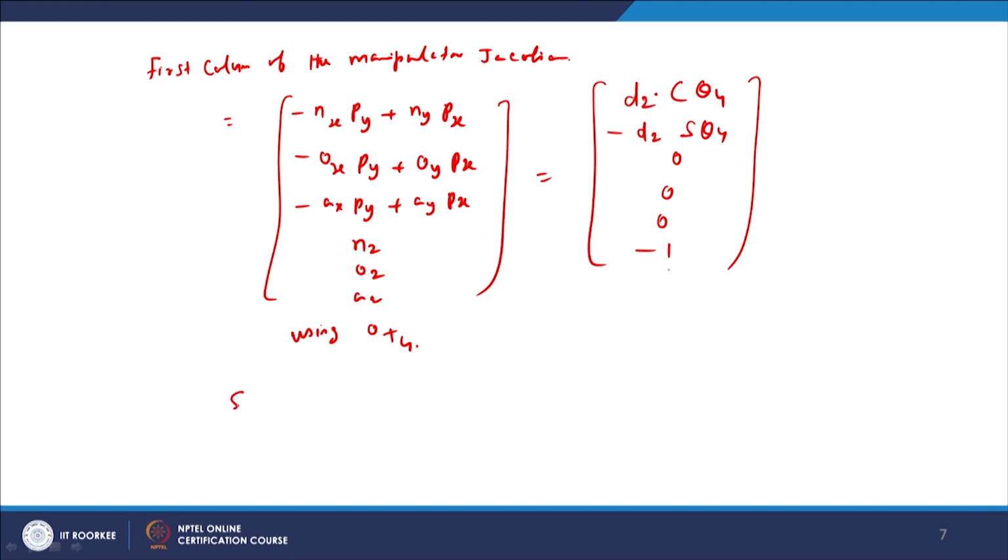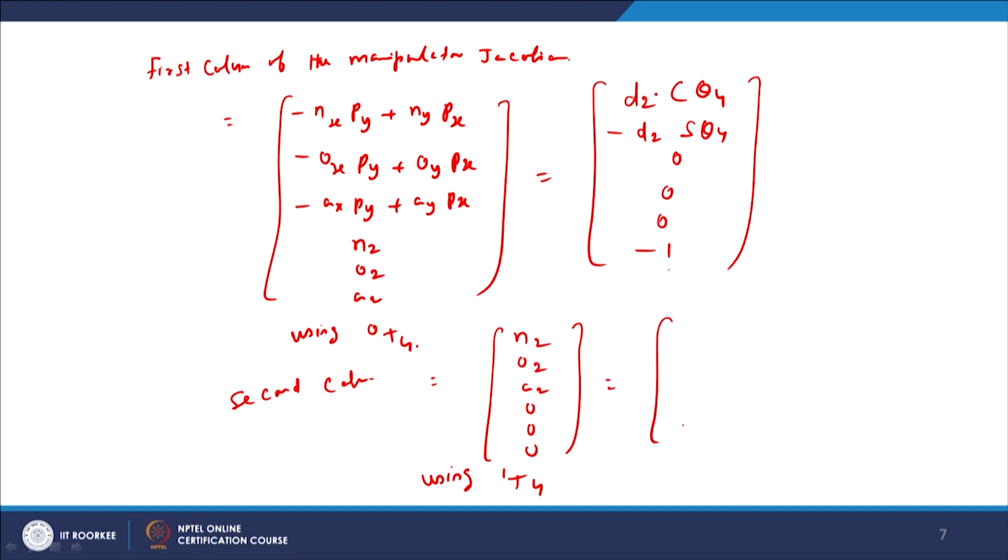The second column is given by nz oz az 0 0 0. It is using 1T4. Because it is a prismatic joint, we have this expression.